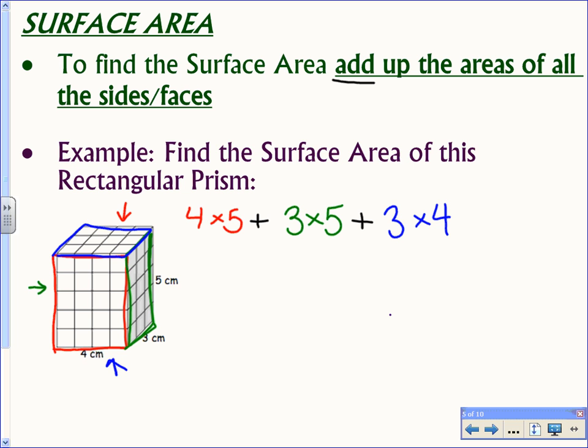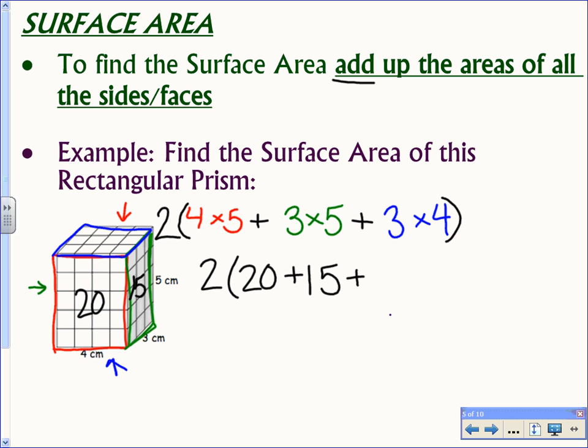To make sure that I account for the areas of all the sides, I'm going to multiply the sum of these areas by 2. So I get 2 times 4 times 5, which is the area of the front, which is 20, plus 3 times 5, which is the area of the side, which is 15, plus 3 times 4, which is the area of the top, which is 12.